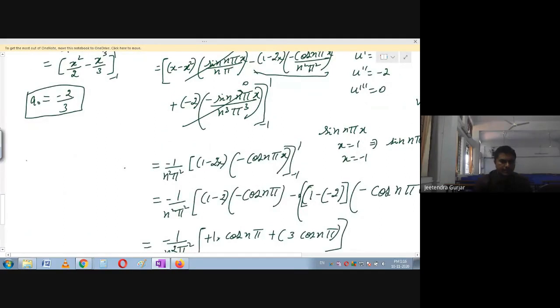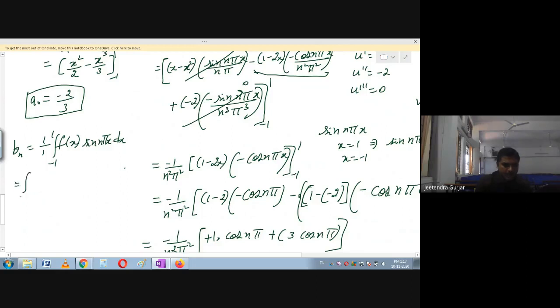Bn is equal to 1 upon again our c, that is equal to 1, integration from minus 1 to 1 f of x sine n pi x upon c, dx, where c is 1. Okay, no problem. Let's simplify now further.